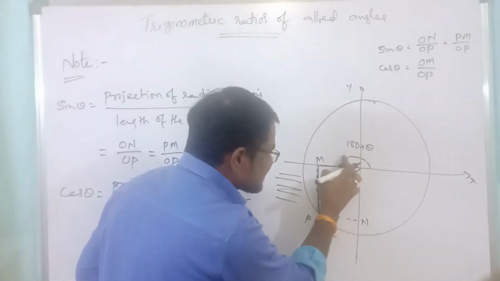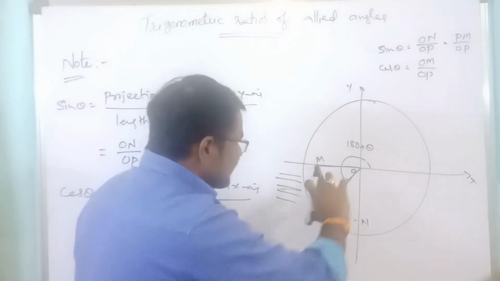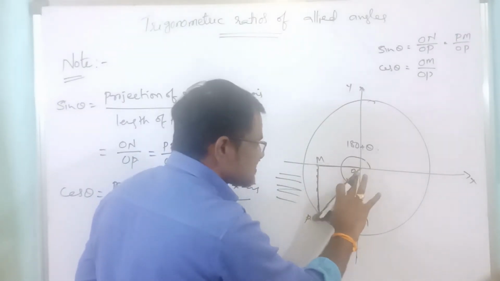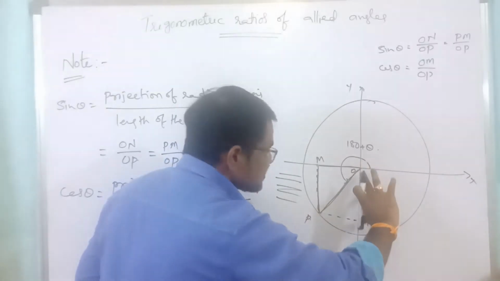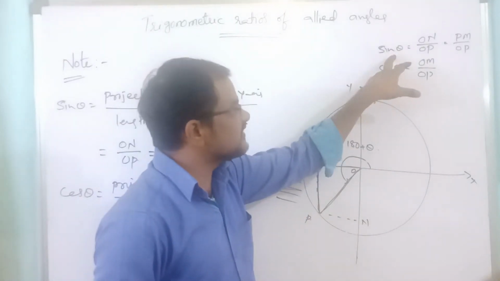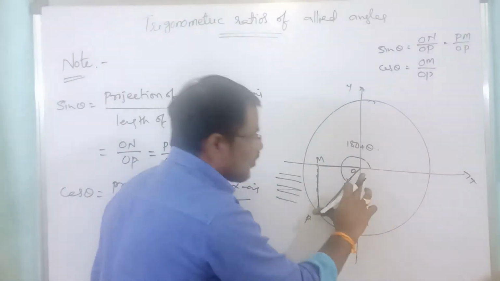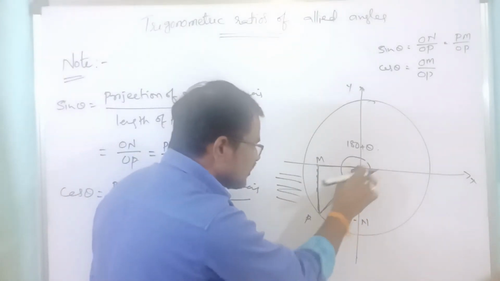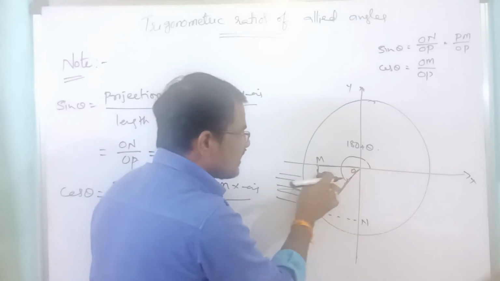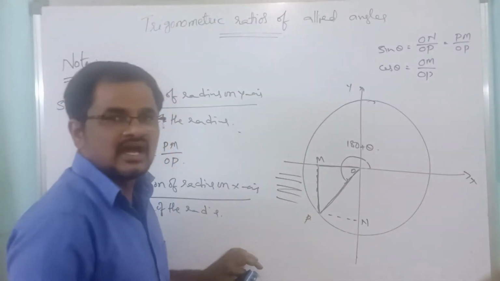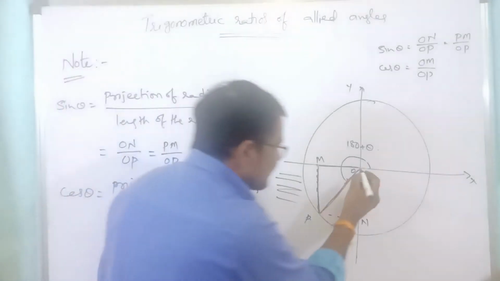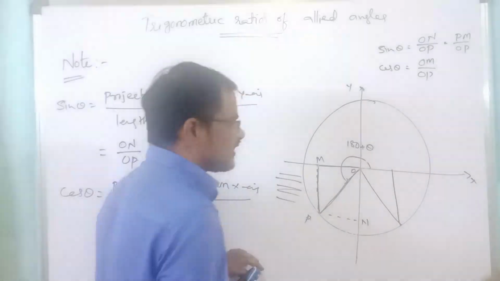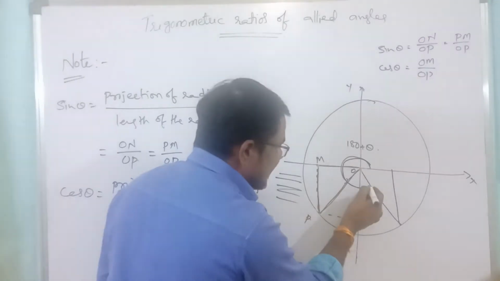So for this angle also, you can treat this as the opposite side, this as the adjacent side, and this as the hypotenuse, because the definition of sin theta is ON by OP, and ON is equivalent to PM. Suppose it is in the fourth quadrant, the same thing applies.